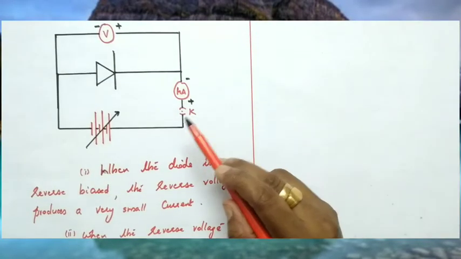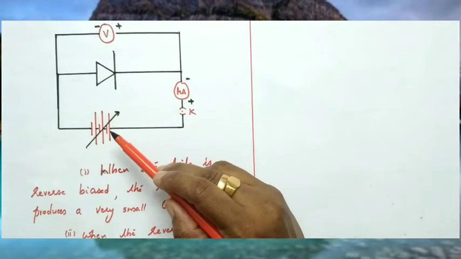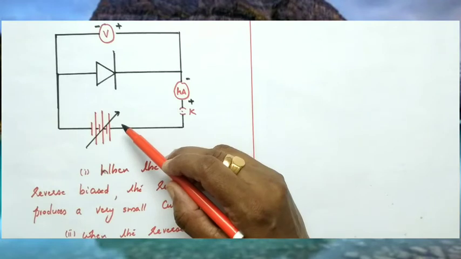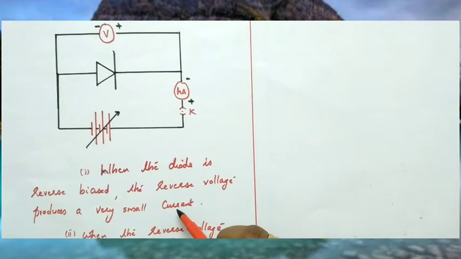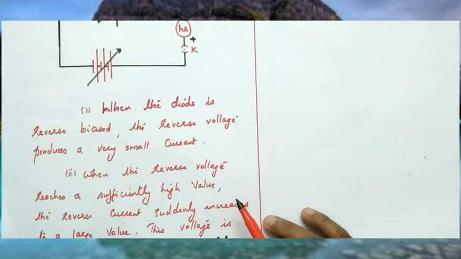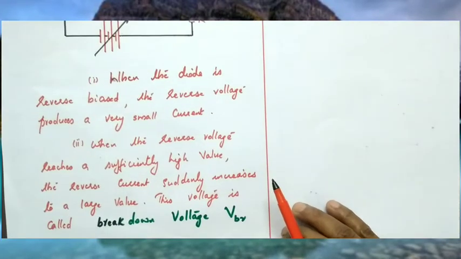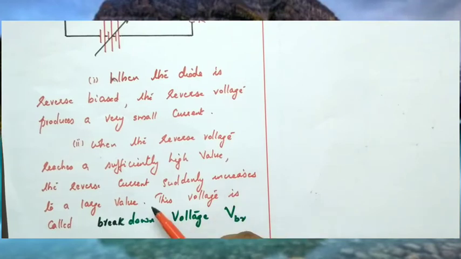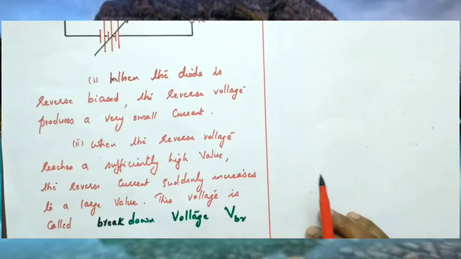After making the circuit, if the key is closed, we can see that as the reverse voltage increases, current increases very slightly. When the diode is reverse biased, reverse voltage produces a very small current initially. When the reverse voltage reaches a sufficiently high value, what happens to current? The reverse current suddenly increases to a very large value, and this voltage is called the breakdown voltage.